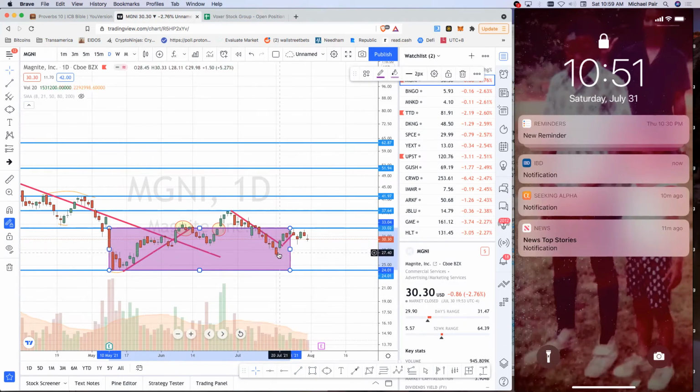We got a recent area, so I could take this part and this part. I can actually draw another support line there at this 28 and be right in line and say, so now we're really in a trading range from 28 to 32. So that's where we are on Magnite.